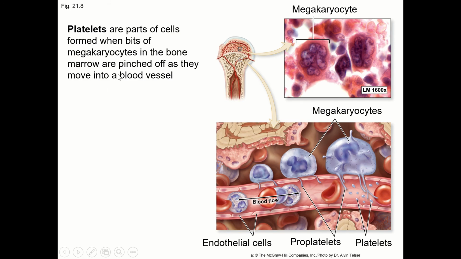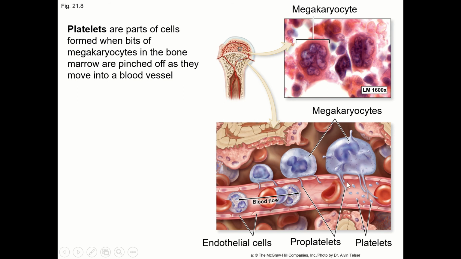Now, platelets and the white blood cells are all made by these cells in the bone marrow that do mitosis and produce new cells that become the white blood cells, the red blood cells, and the platelets. Platelets are formed by these megakaryocytes that create more of their own plasma membrane and cytoplasm.